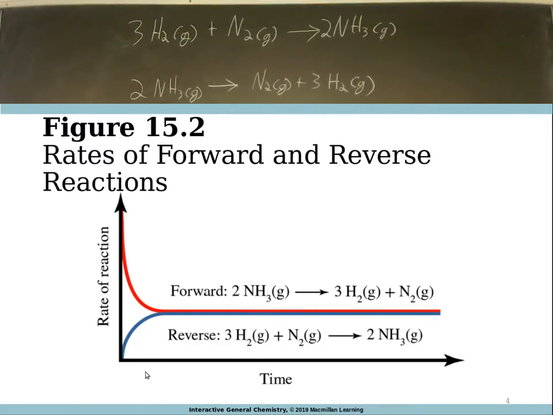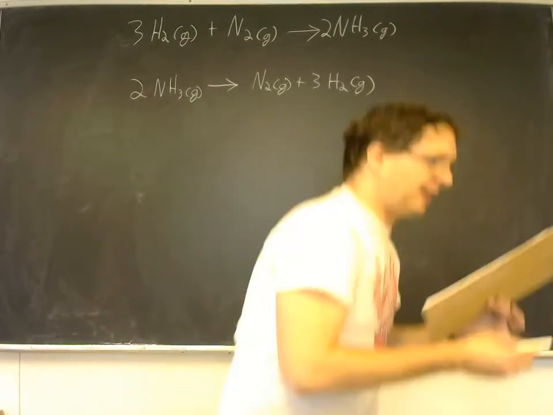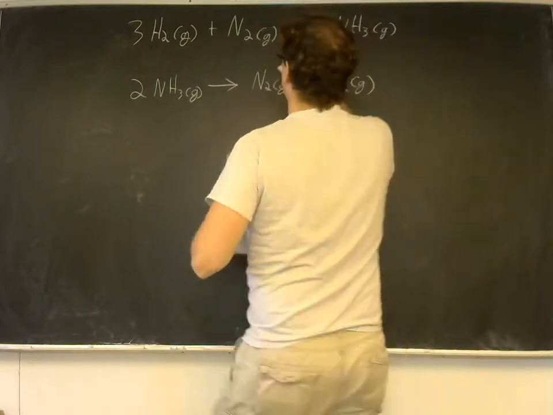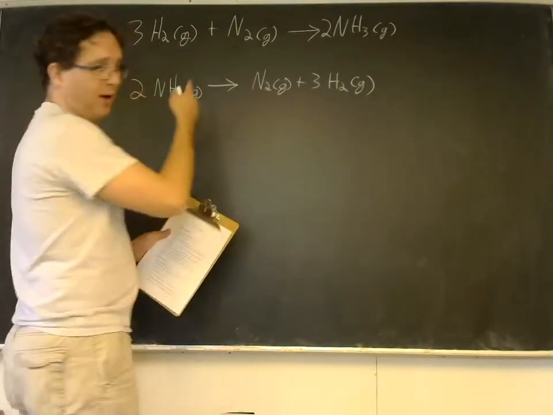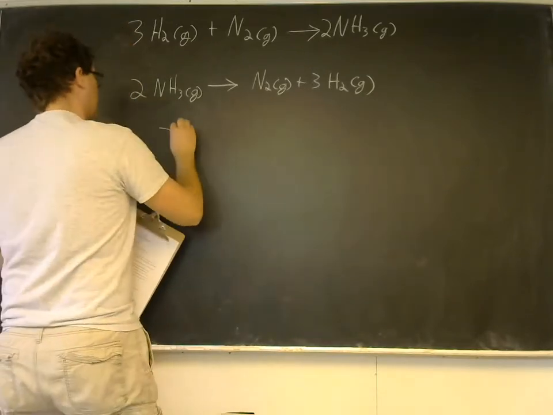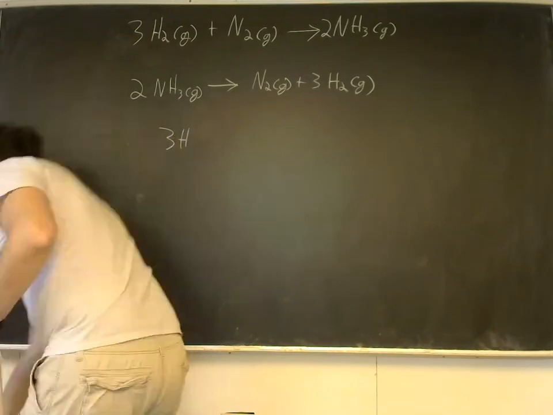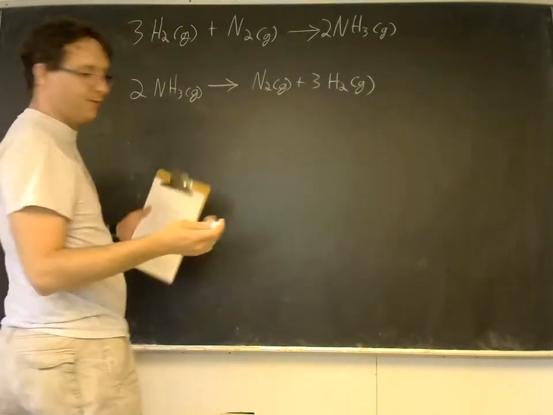Okay, so that's the idea of equilibrium. Perhaps it's not an unfamiliar idea to you. We can take both of these equations and we can combine them. They are just the reverse of each other, and so it's a little bit redundant. So let's make it consistent with figure 15.2.